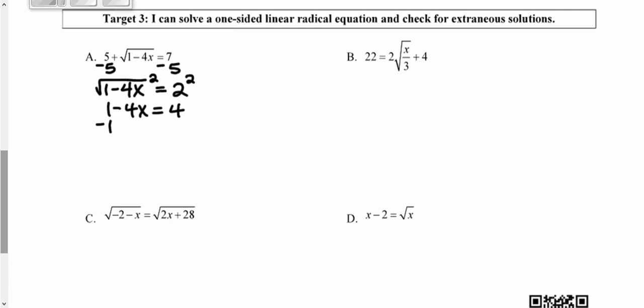And now it's just basic solving skills, so I'm subtracting 1 and dividing by -4. So x equals -3/4.